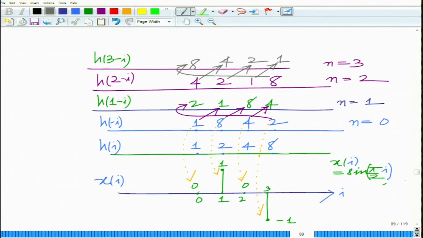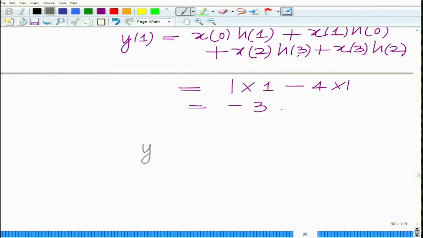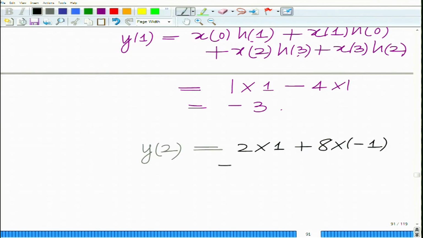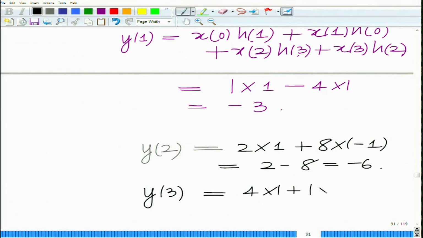You can calculate the circular convolution again. What you will have is y of 2 equals 2 into 1 plus 8 into minus 1, that is 2 minus 8 equals minus 6, and y of 3 equals 4 into 1 plus 1 into minus 1, that is 4 minus 1 equals 3.